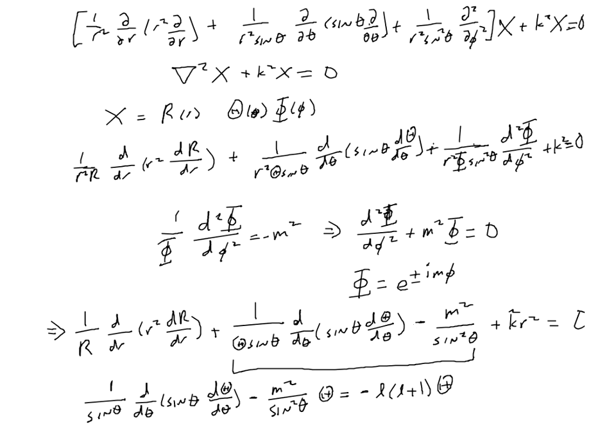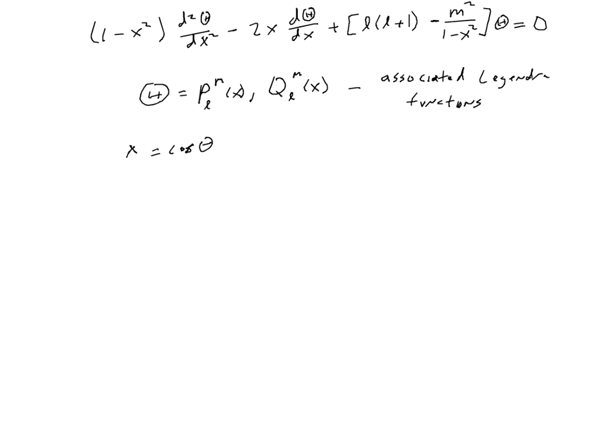So now your function becomes, what's left is just going to be 1 over r squared dr of r squared dr plus k squared r is equal to L times L plus 1 over r squared r, which is only a function of r now, which is what the goal was.